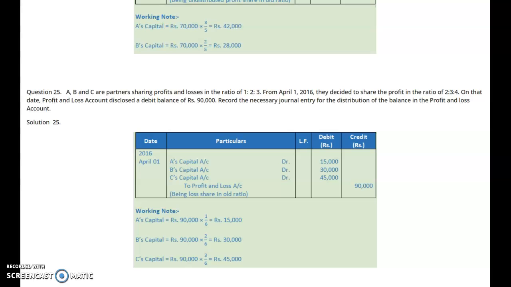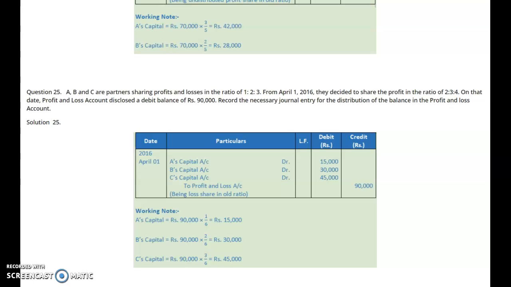Now in this particular question, nothing else is mentioned, only one important piece of information is given: record the necessary journal entry for the distribution of the balance in the profit and loss account. So they want to distribute. What is the solution? The amount in this account will be debited to the partners in their old profit sharing ratio. We do not have to find out any gaining or sacrificing ratio.